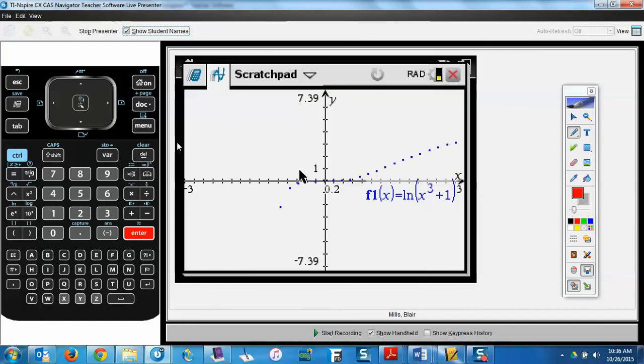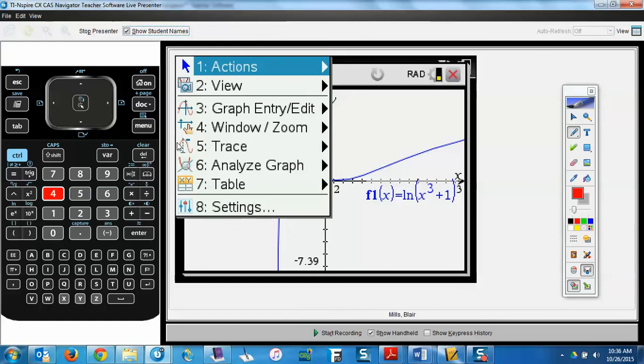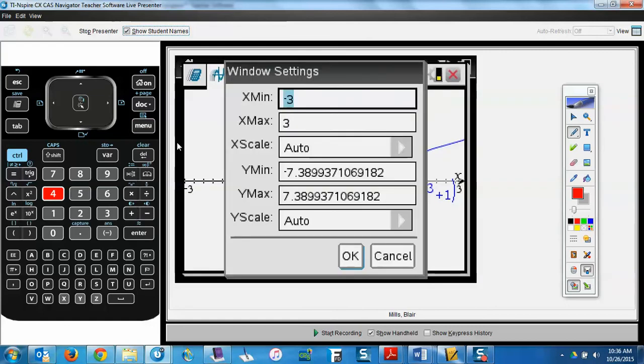Now, that might be good enough, right? But it may not show everything because you haven't set the y values. So go back to the menu, window, and scroll down to, not window settings, escape out of that.